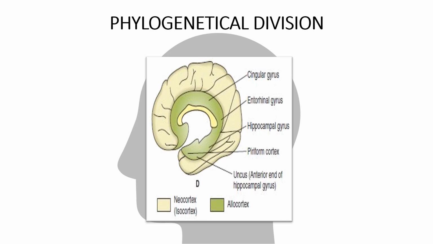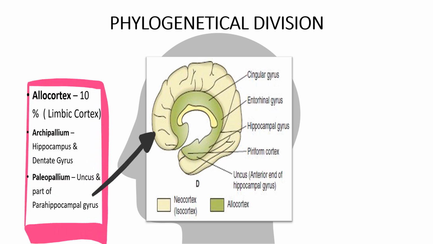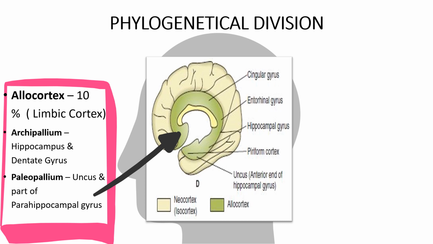Cerebral cortex, which is also called the pallium, is divided phylogenetically into three. The first one is the allocortex, which forms 10% of the entire cortex, which is further subdivided into archipallium, which includes the hippocampus and the dentate gyrus.